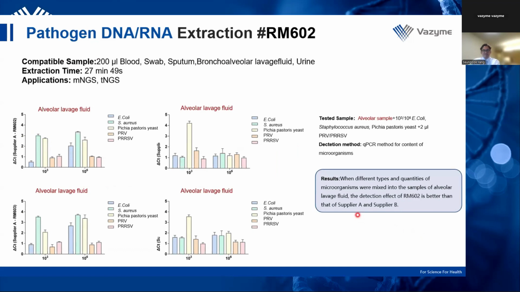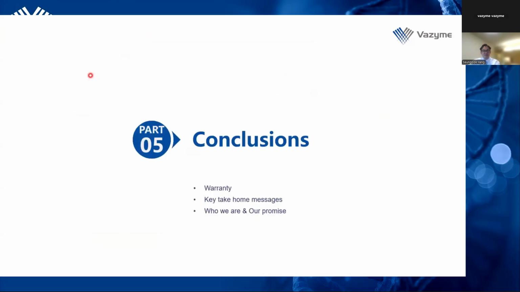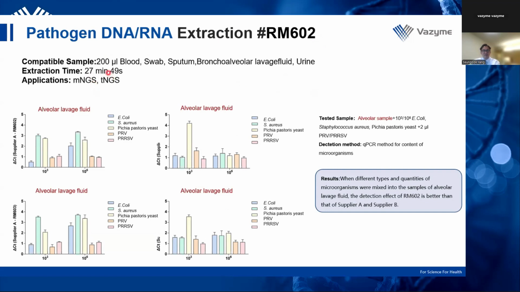In this slide, it shows the highlights of the Vazyme RM602, which is designed for DNA and RNA extraction from pathogens. It is compatible with various sample types using 200 microliters of volume, and the extraction time is approximately 28 minutes.